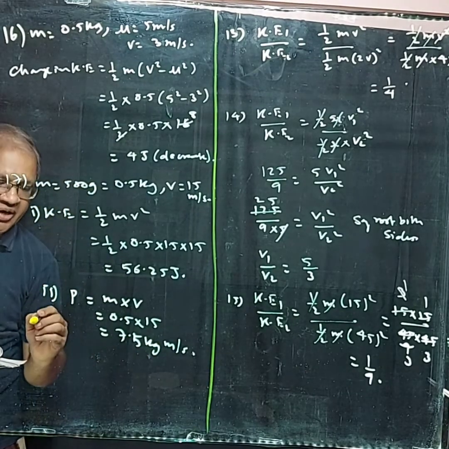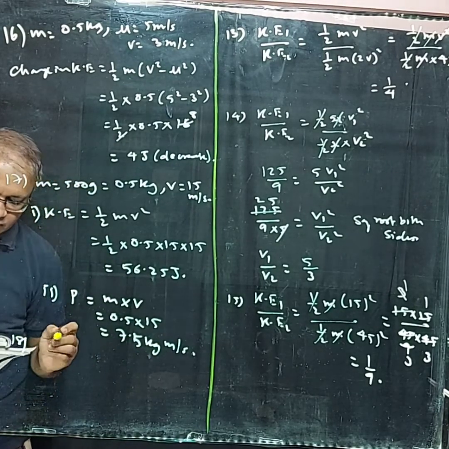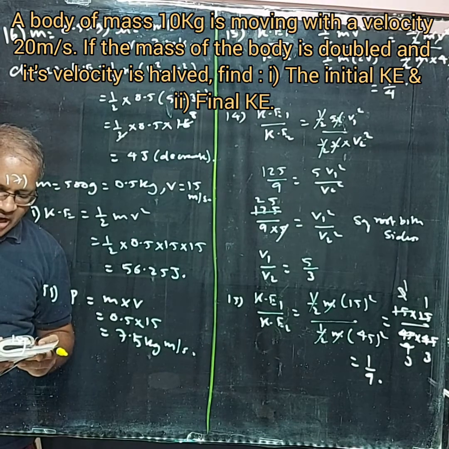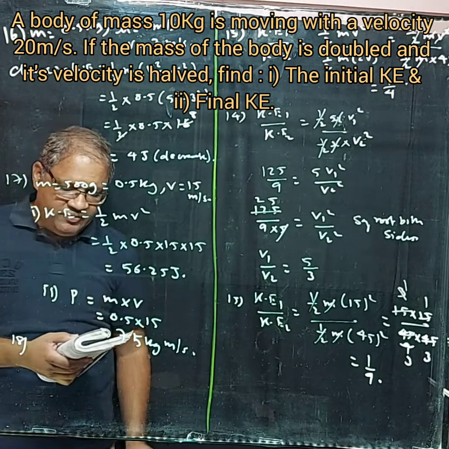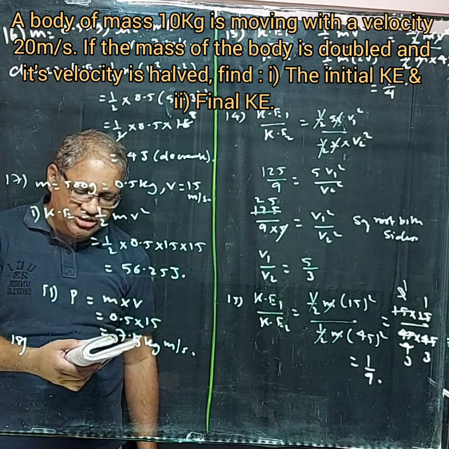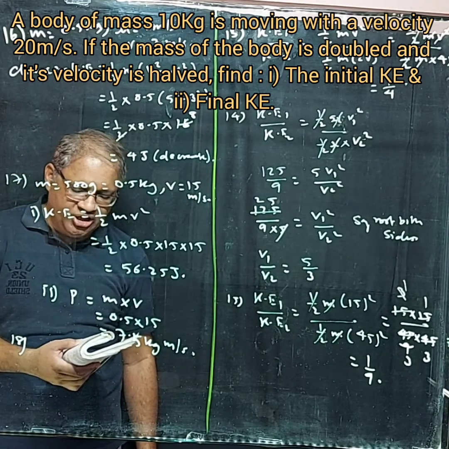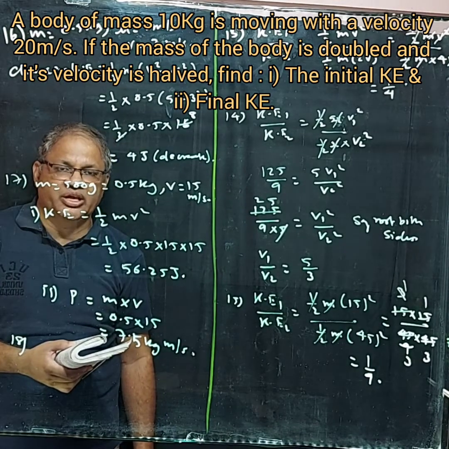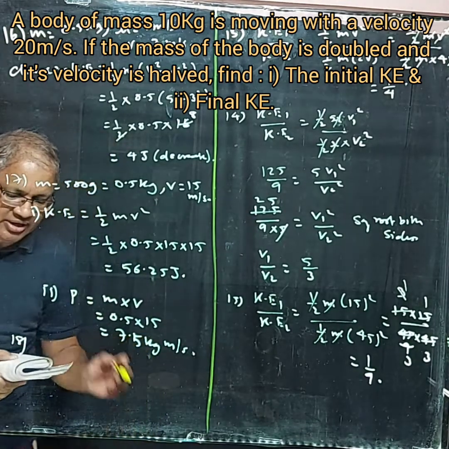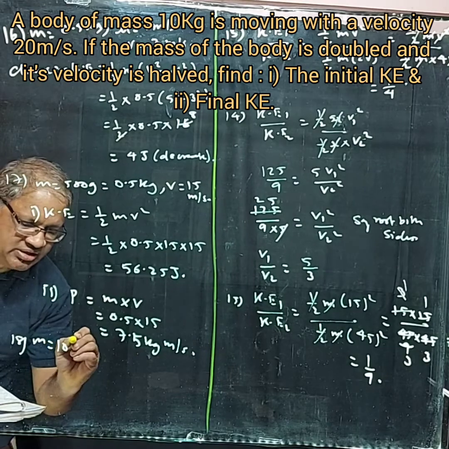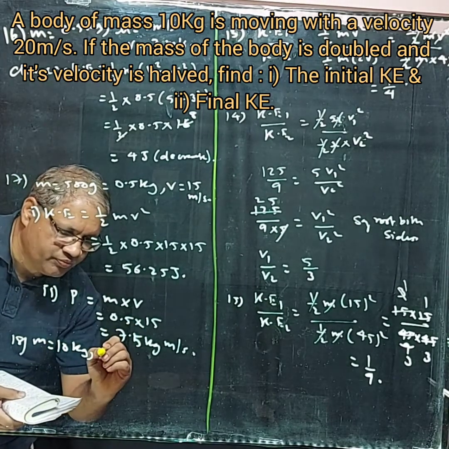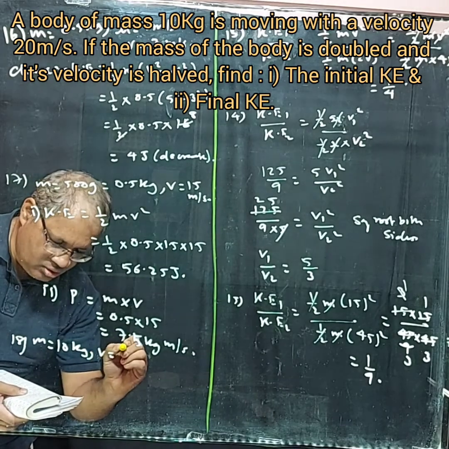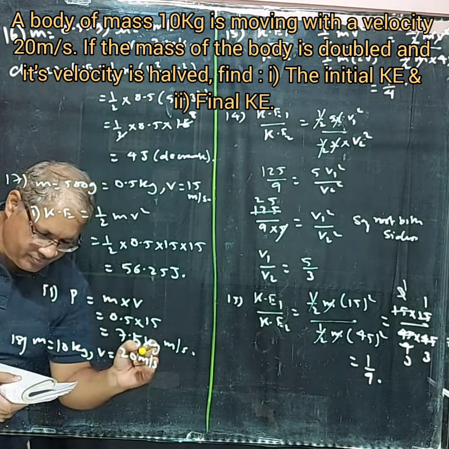Now the 18th sum. A body of mass 10 kg is moving with a velocity of 20 meter per second. If the mass of the body is doubled and velocity is halved, find the initial kinetic energy and final kinetic energy. Again, very important sum. Write the particulars down: mass is 10 kg, velocity is 20 meter per second.